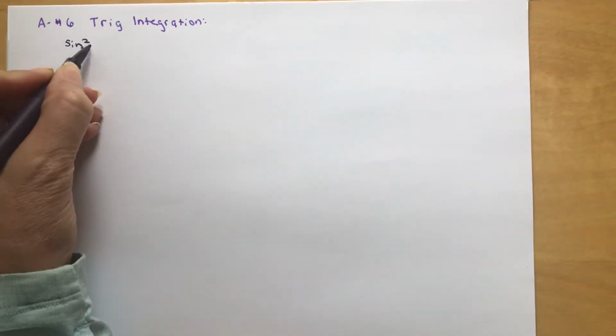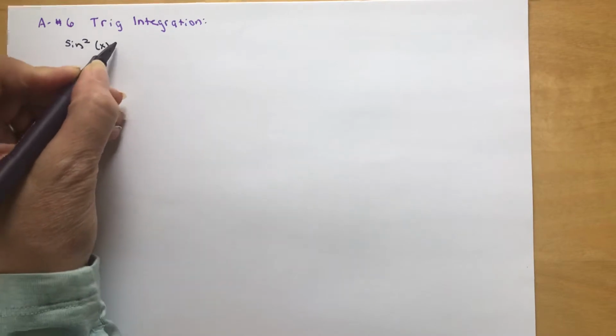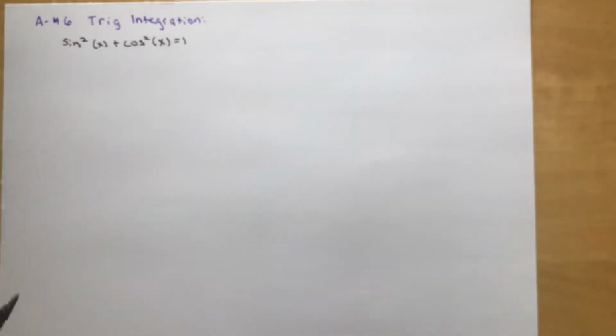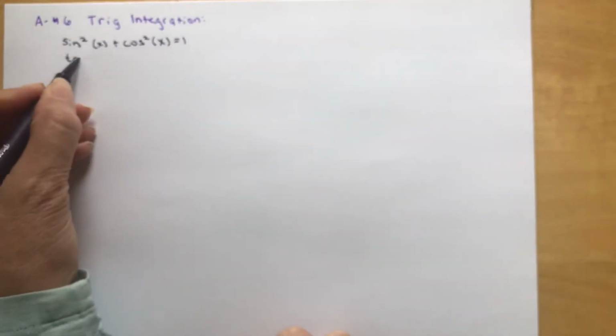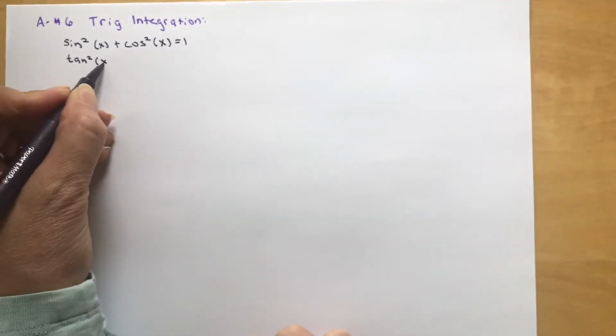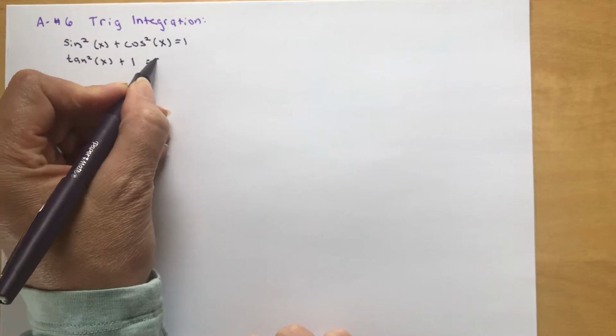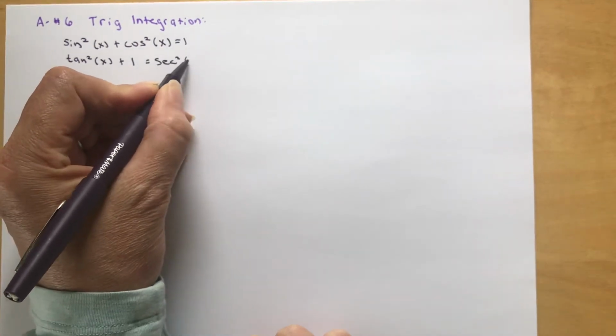The main Pythagorean identity is sine squared x plus cosine squared x is equal to 1, and tan squared x plus 1 equals secant squared x.